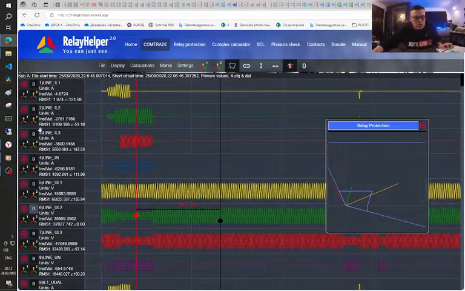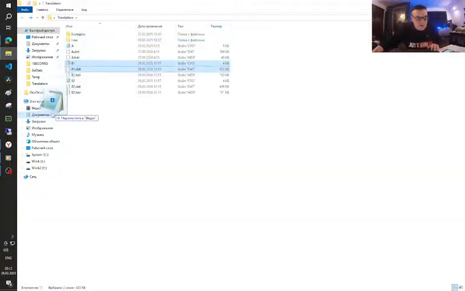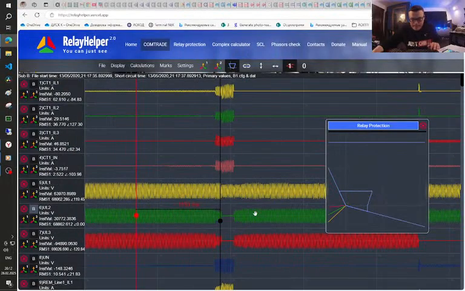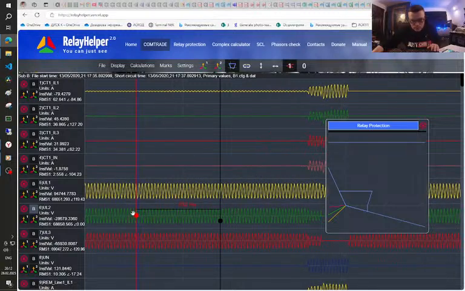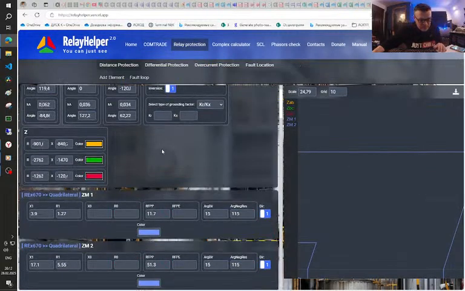So let's check what happened in substation B. Check links, because the files are pretty much the same, so I don't need to relink them. I only need to check zone settings.